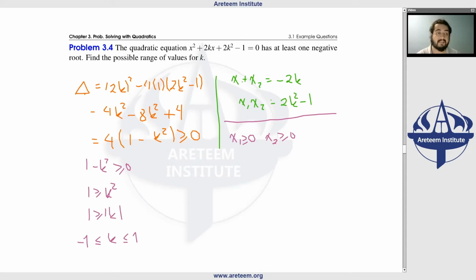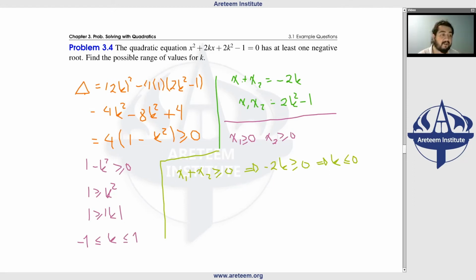So when I add them up together, I am adding two numbers that none of them is negative, so the sum of them will not be negative either. That means minus 2k is greater than or equal to 0, and so that tells me k has to be less than or equal to 0.